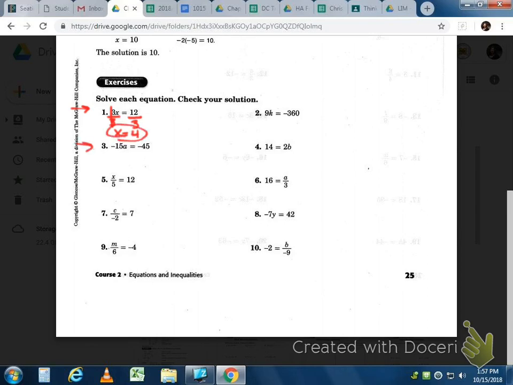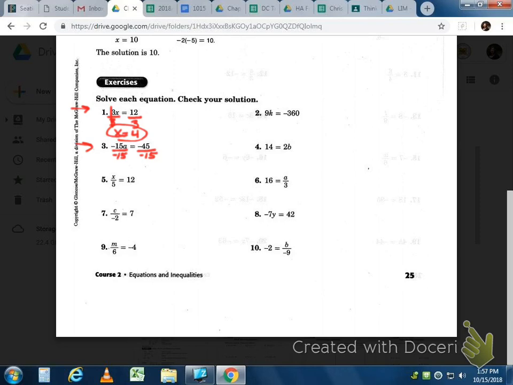All right, number 3, -15a equals -45. Who's doing this one? Andrew, it's -15a, which means times. So what are we going to do? Divide. We're going to divide both sides by what? -15. Because whatever number you want to go away from your a, that's what you divide by.